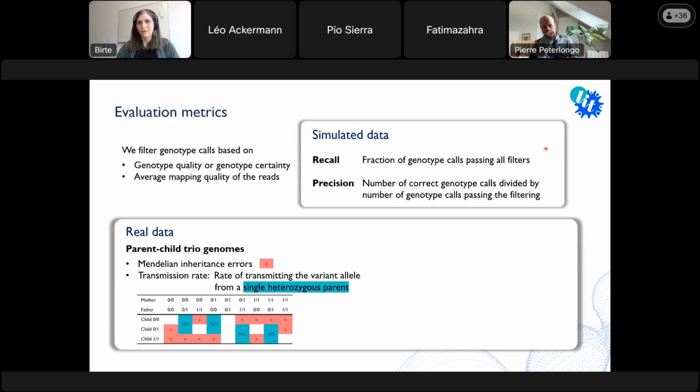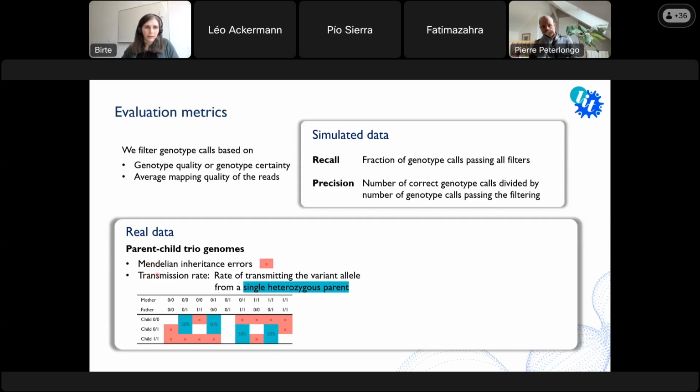we don't have any gold standard call sets for complex structural variants yet. At least I'm not aware of any. So we use the trio data, first of all, the Mendelian inheritance error rate, but this has issues, especially if the parents have the same genotype. You can't compute the Mendelian inheritance error rate for many genotypes.